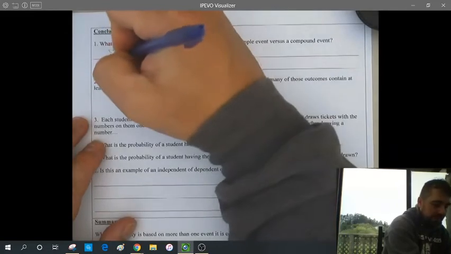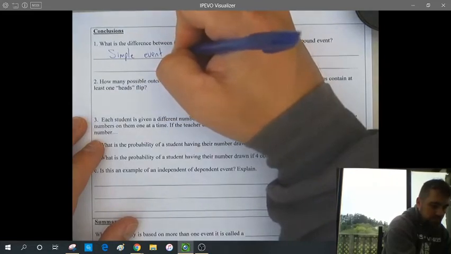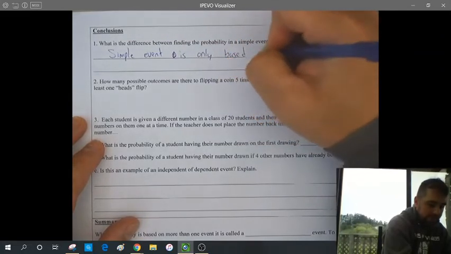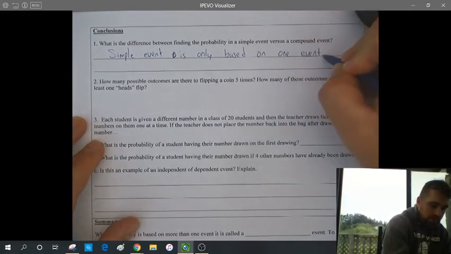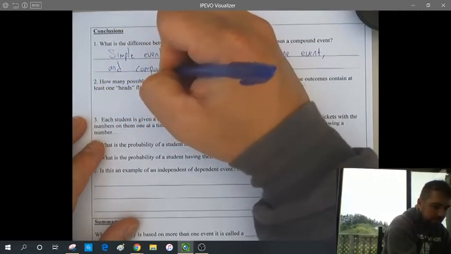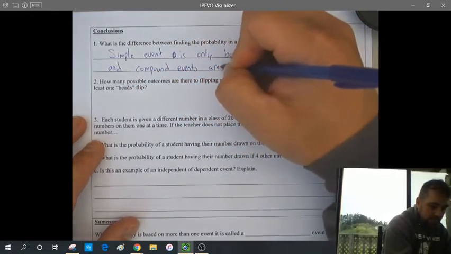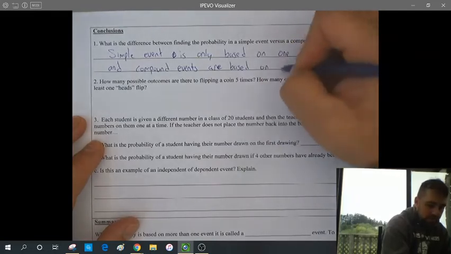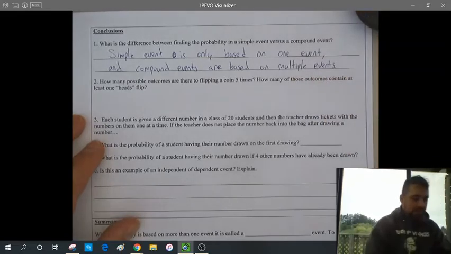A simple event is only based on one event, and compound events are based on multiple events.